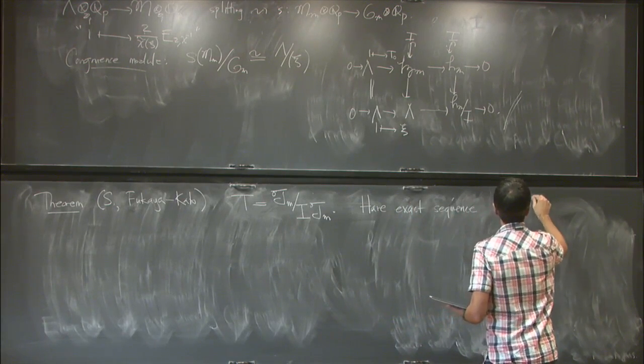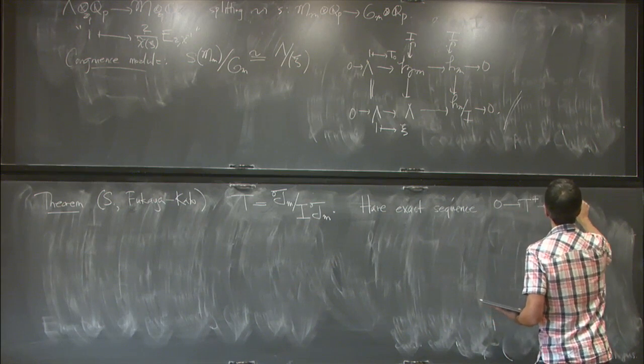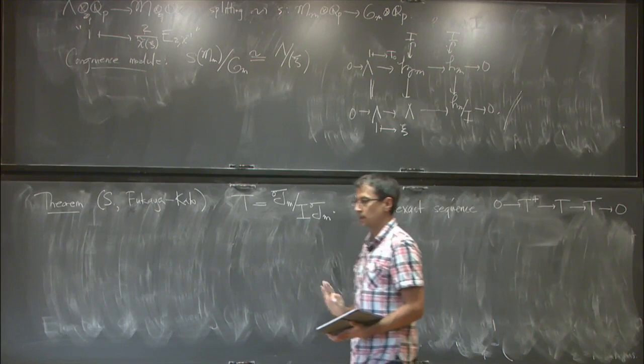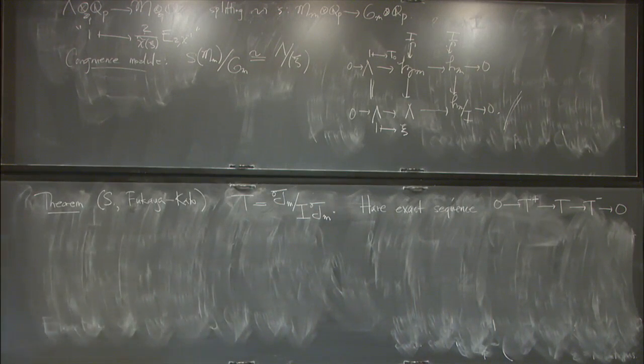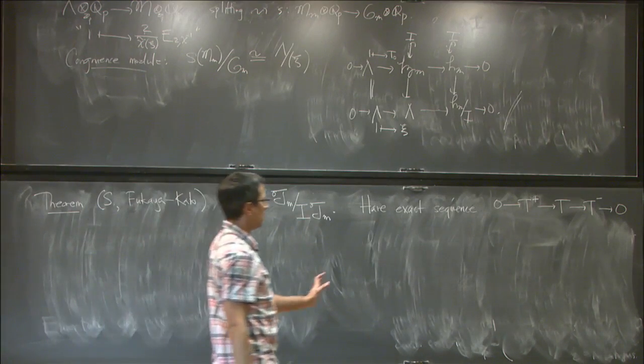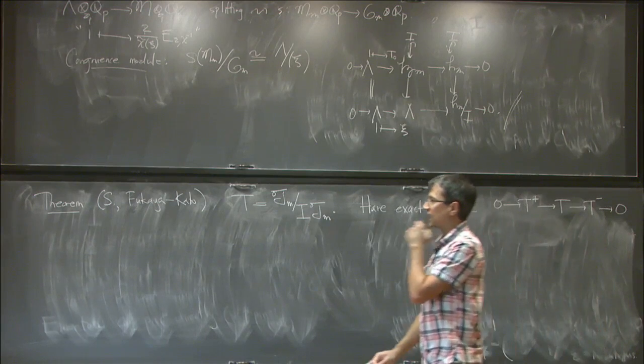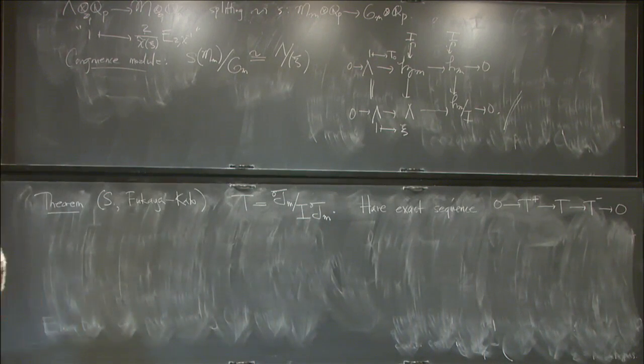Zero goes to T plus, goes to T, goes to T minus. I should say we have a complex conjugation fixed here all the way along. In fact, we can just think of Q bar as sitting inside C. So here I really mean under complex conjugation, the plus and minus parts. Zeta n is e to the 2 pi i over n if I have an nth root of unity.